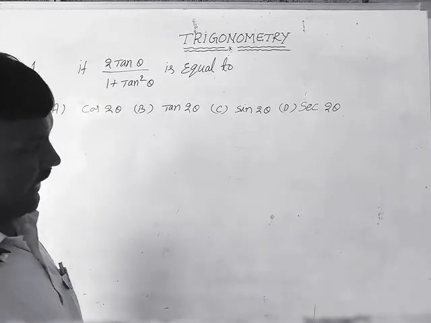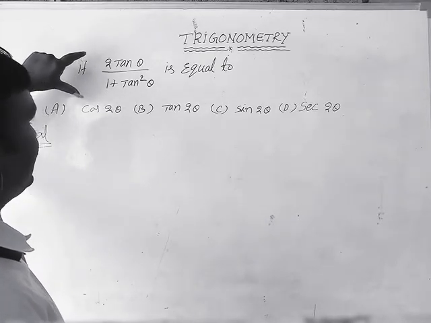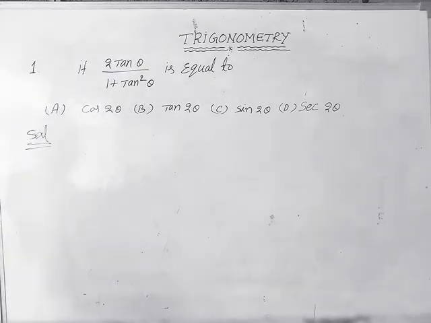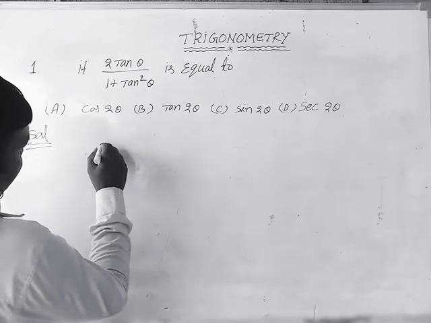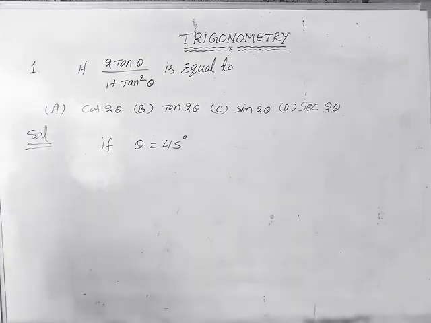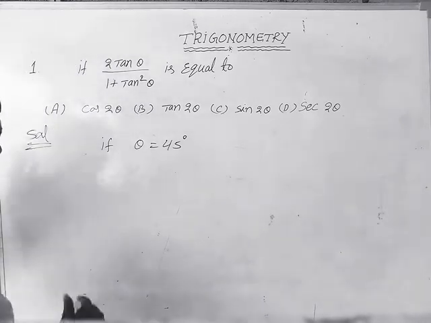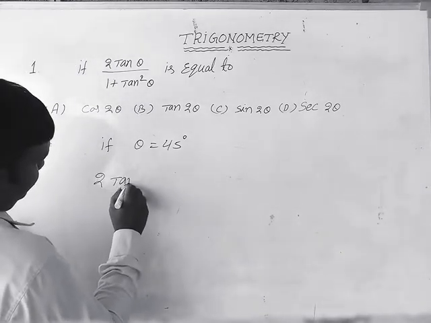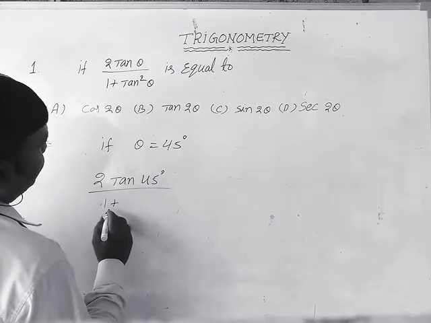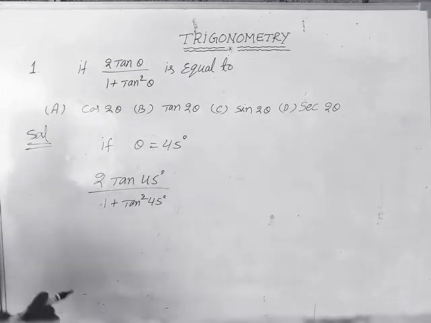Right. So there are two types. First of all, in this problem we have to apply a theta value. If theta is equal to 45 degrees, substituting the theta value in this problem, 2 tan 45 degrees by 1 plus tan square 45 degrees.